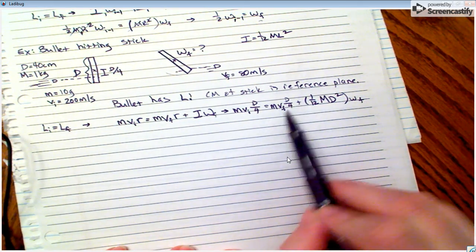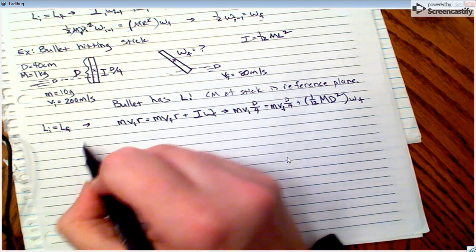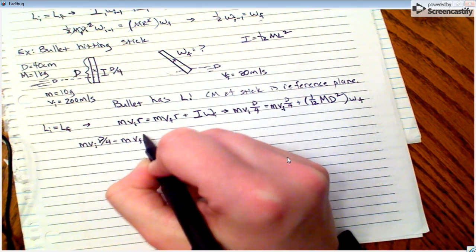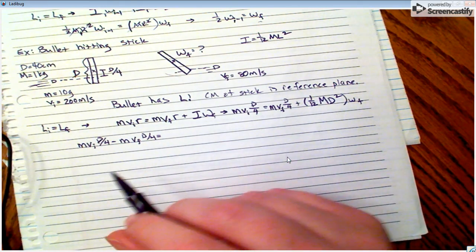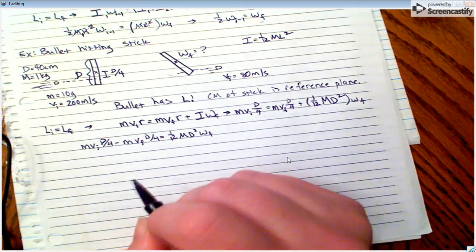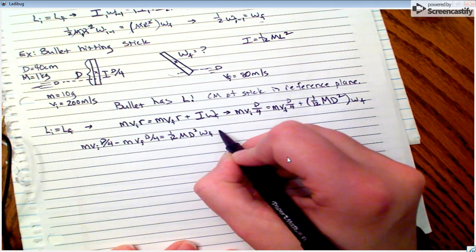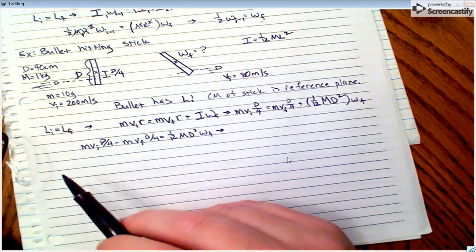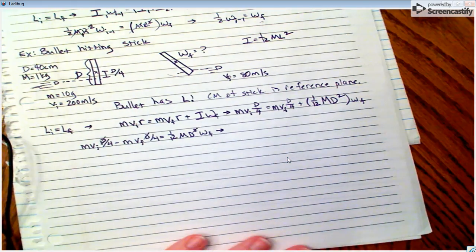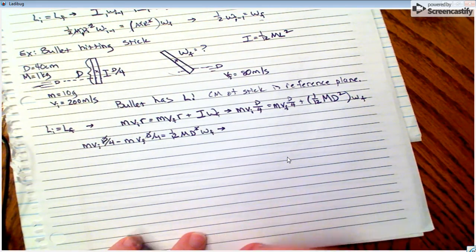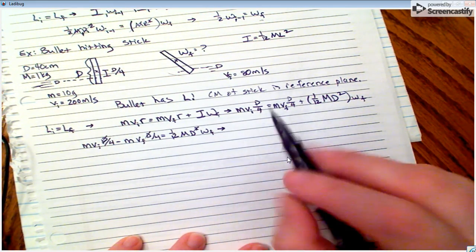So I put all my bullet info on one side, and that equals 1/12 M d squared omega_f. I'm going to make this prettier and solve for our final angular speed. I can cancel out one d on both sides, and then I'm just going to get our final omega by itself.